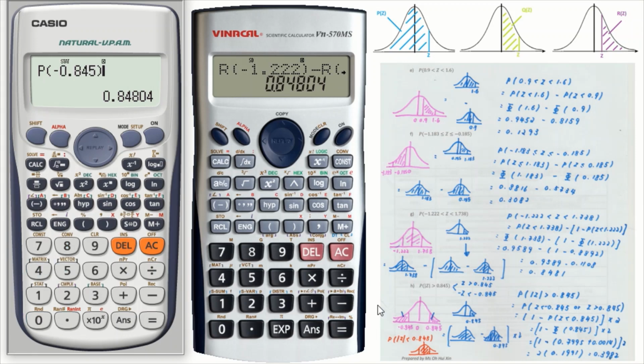Then after that, you are finding the right side. That means you are going to do plus first. Then after that, shift. I'm going to press the same thing. Now this is greater than 0.845, so I'm going to use the right side. Okay, so 0.845. When I plus them together, you can see I get exactly the same answer.